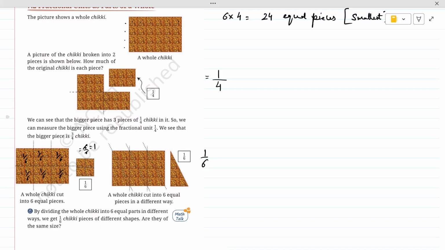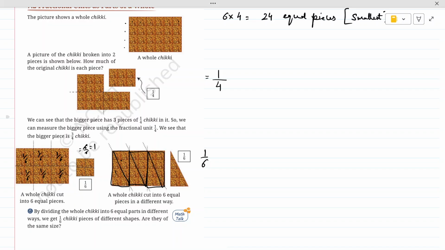Now in this figure, the same chicky is again divided but in a different way. See how? This is one part. I am just trying to show you how they have divided. This is one part, this is second part. Again, this is third part, fourth part, fifth part and sixth part.